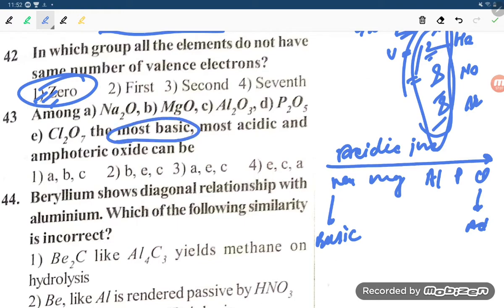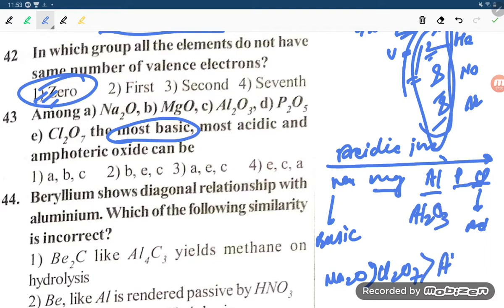So which one is most basic, student? Most basic is Na2O, and most acidic is Cl2O7, this one chlorine. Amphoteric is Al2O3.